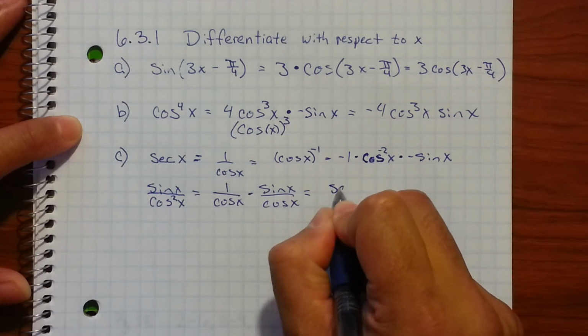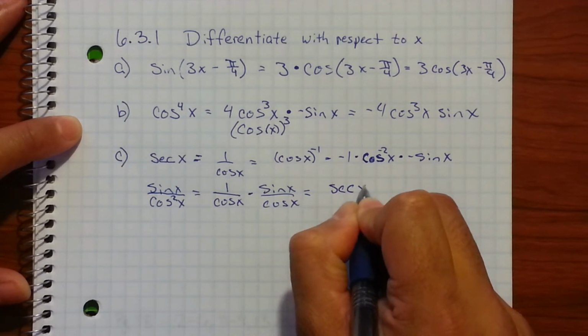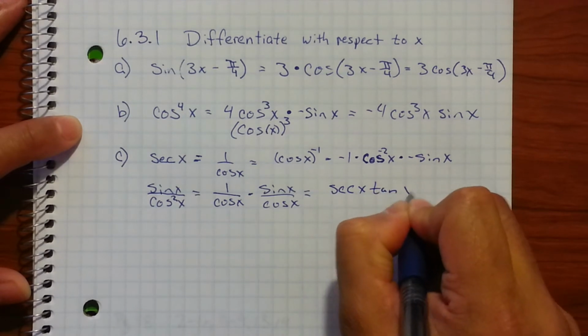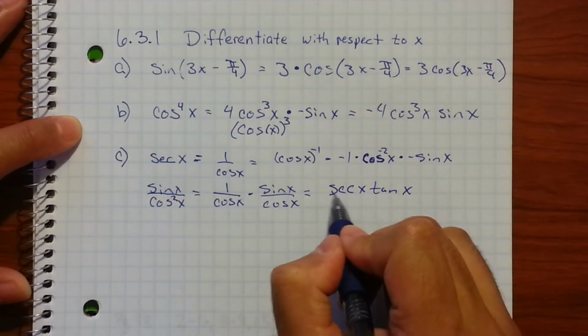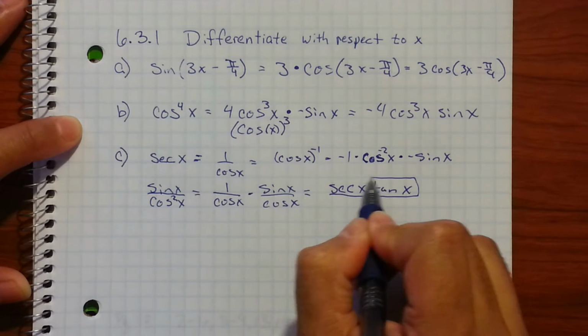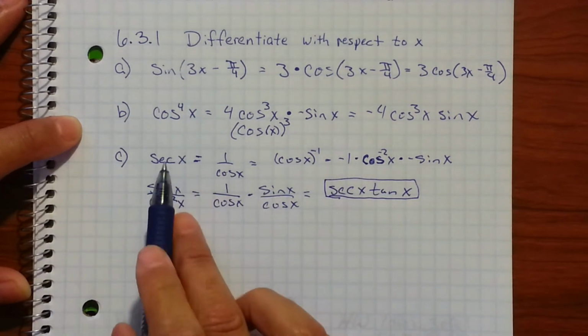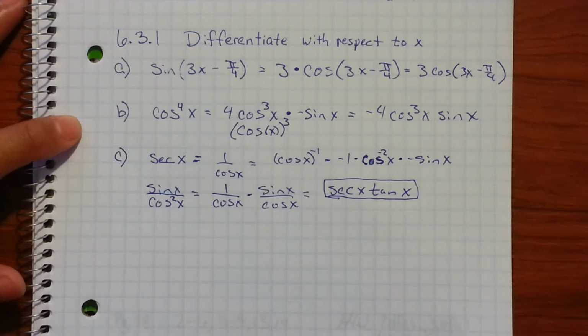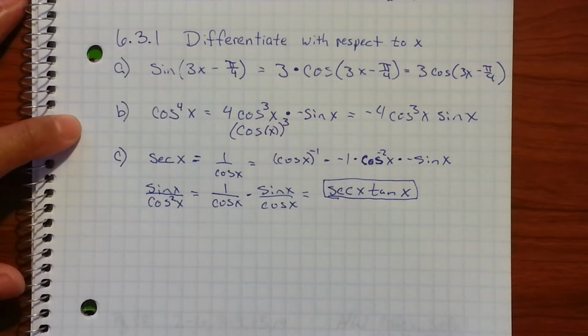So I'm going to have secant x tangent x. So this comes out to be an identity for secant x. My derivative for secant x is always going to be secant x tangent x. Now, there's a couple of different ways we could have rewritten this again.